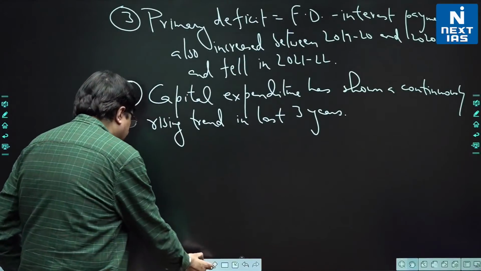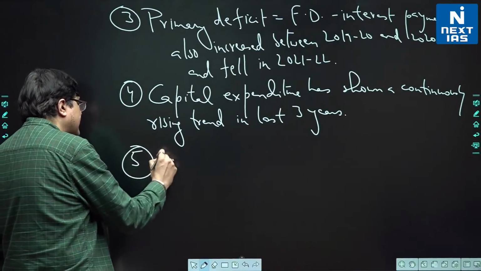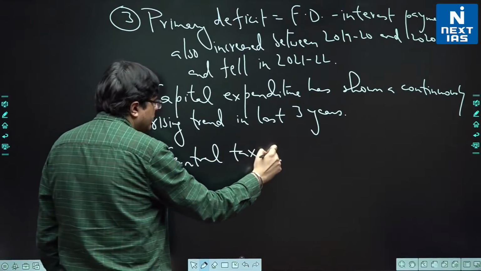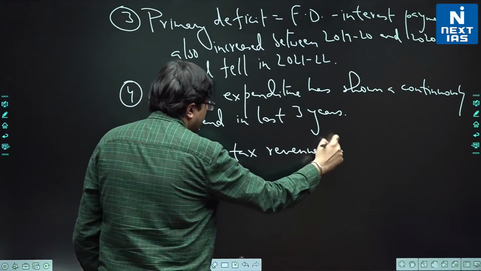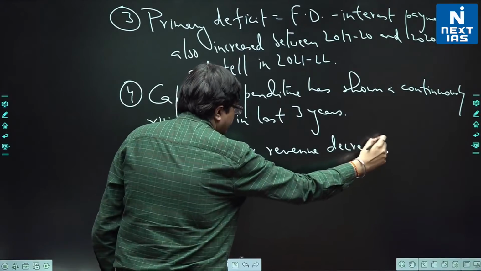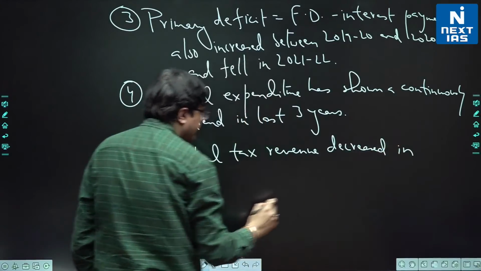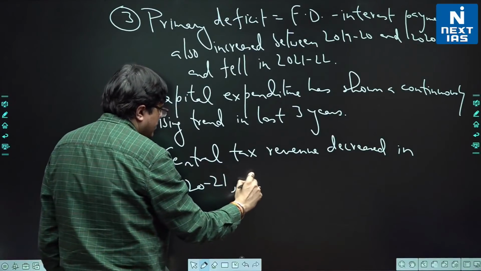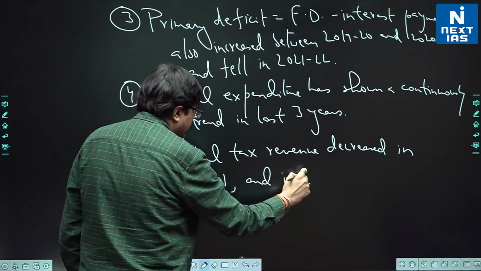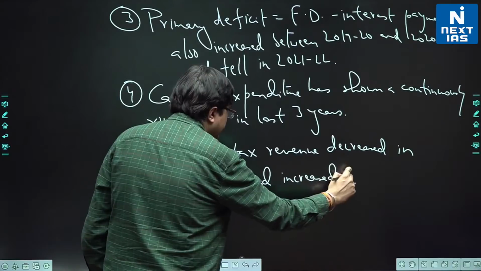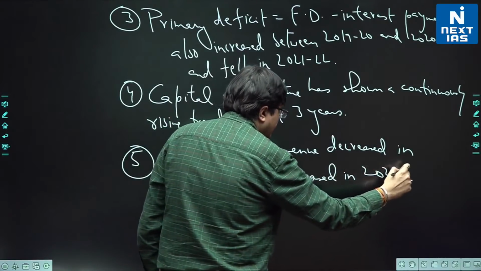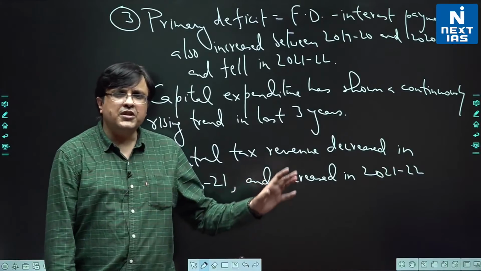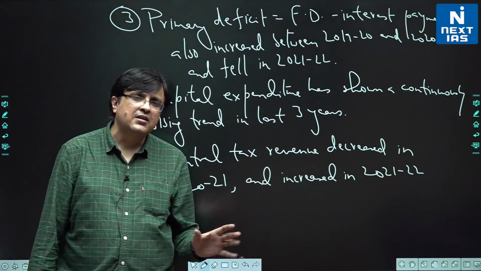That's the fifth trend you should keep in mind, that central tax revenue decreased in 2021 and increased in 21-22.